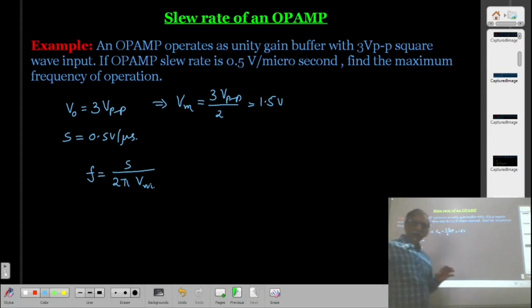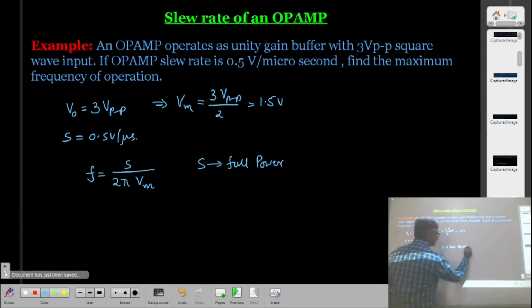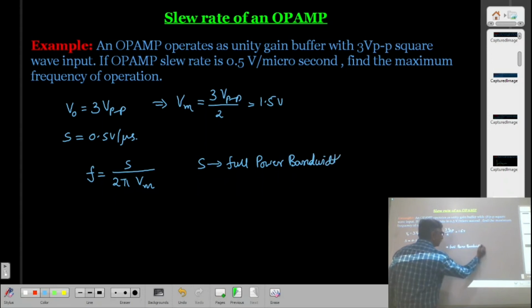Remember, this maximum frequency is also known as the full power bandwidth of the op-amp. Remember, it is different from the half power bandwidth of the op-amp.